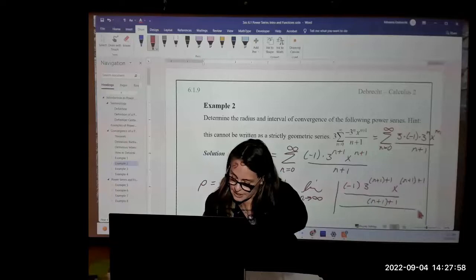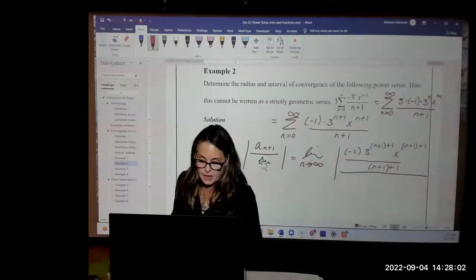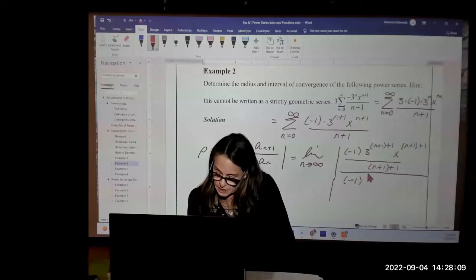Again, we're replacing n with n plus 1. And then we're going to divide this by the original, which had, I need to extend my absolute value, -1 times 3 to the n plus 1 power, x to the n plus 1 power over n plus 1.